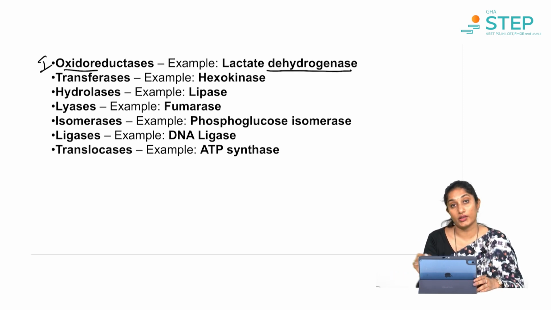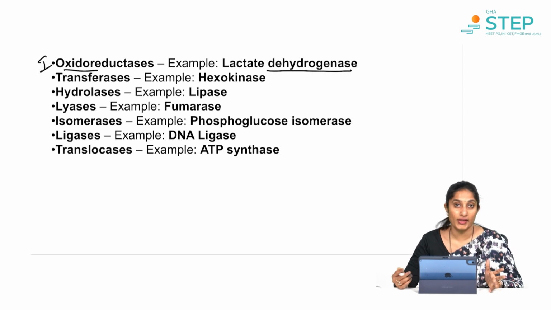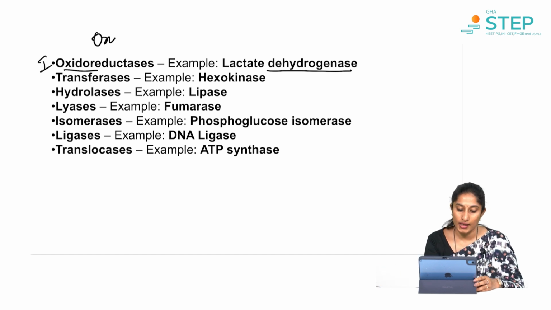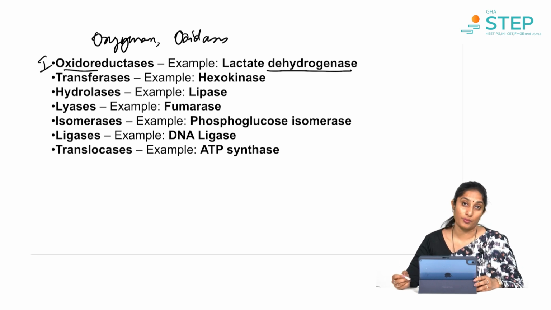When you see the word dehydrogenase, like lactate dehydrogenase, pyruvate dehydrogenase, or glyceraldehyde 3-phosphate dehydrogenase, we know they take part in oxidation and reduction. So, be safe and say it is class number 1. Even when you see an enzyme with oxygenases or oxidases, they belong to class number 1.